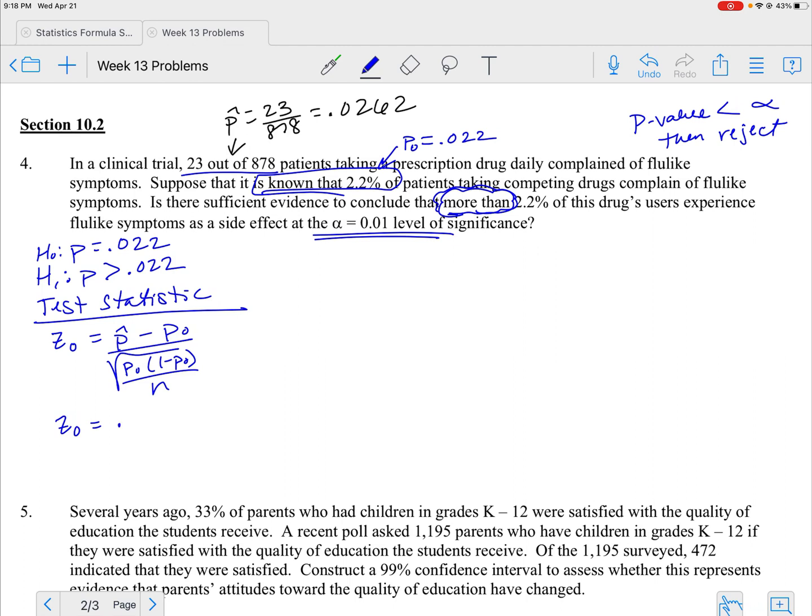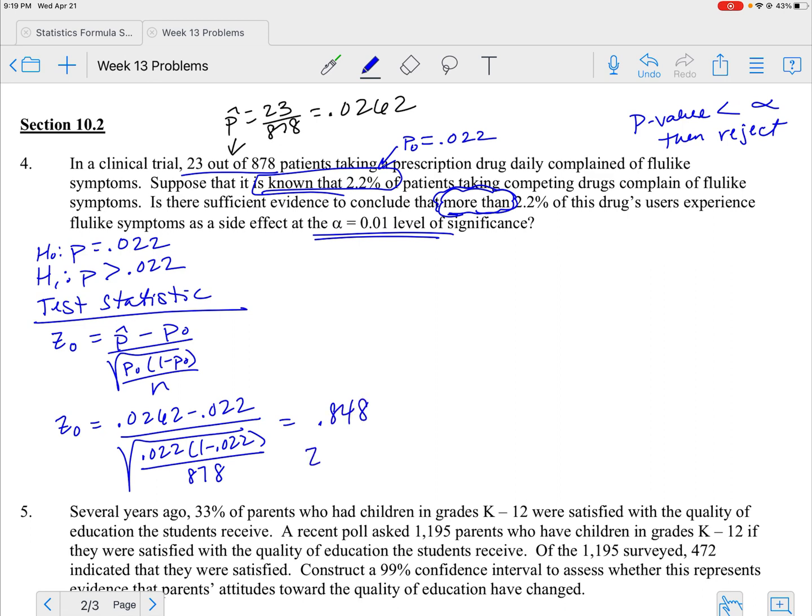Okay, plug in everything you know. 0.0262 minus 0.022, because that's my P naught. That's the information I'm given. And then the square root, 0.022, 1 minus 0.022, divided by 878. When you chug that out, pause the video right now, chug that on your calculator, then start it up again, and you'll see that you get a 0.848.